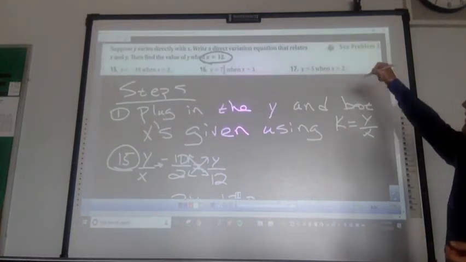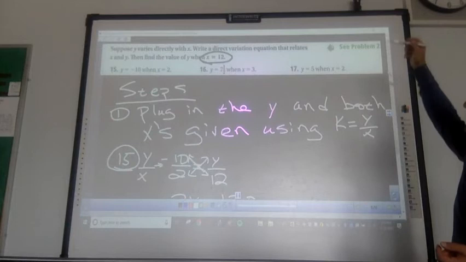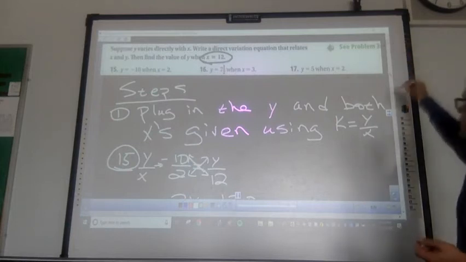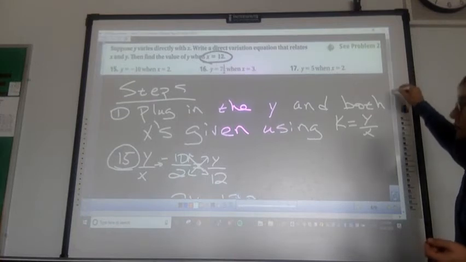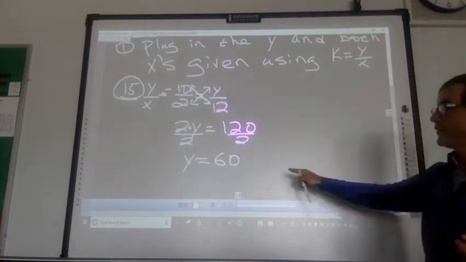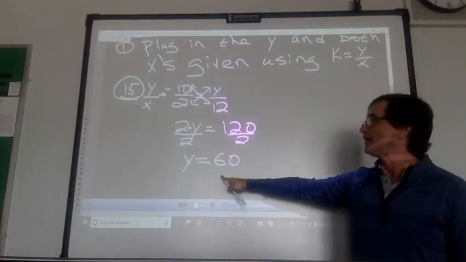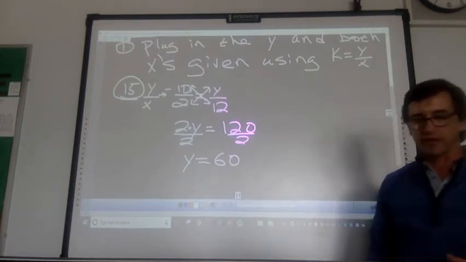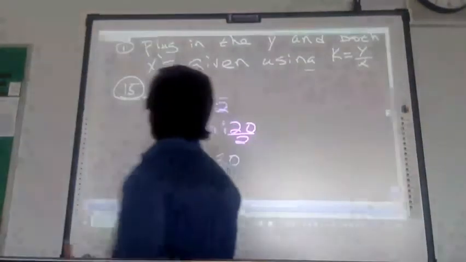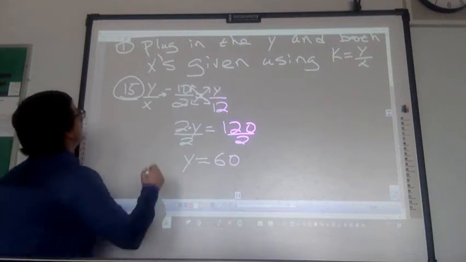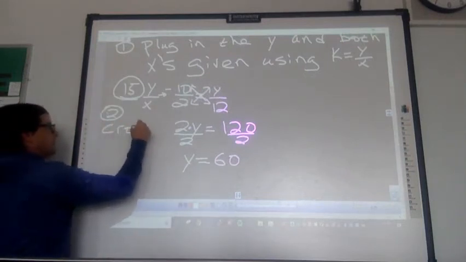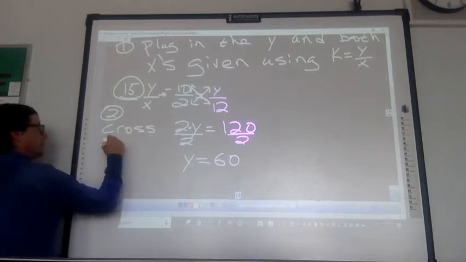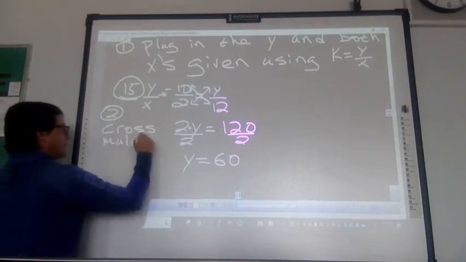It says, suppose y varies directly with x. Write a direct variation equation that relates x and y, and find the value of y when x equals 12. So we found the value of y. We have not written the direct variation equation, however. So step 2 here would be cross multiply, which is shown.